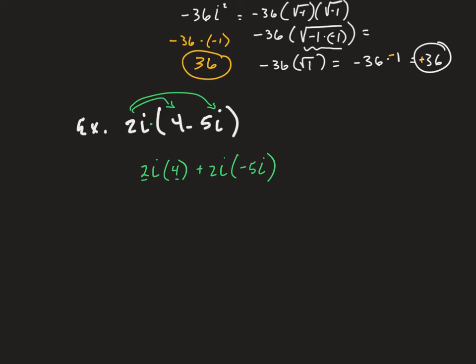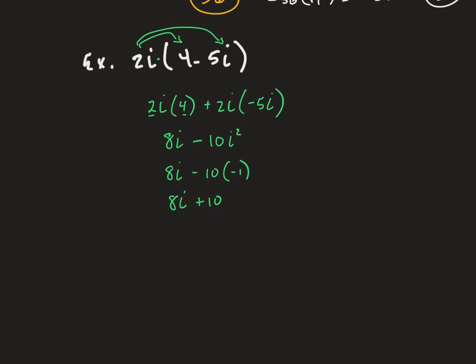So I have 2 times 4 is going to be 8, and 8i. Now I'm looking at a negative because I do have a positive and a negative number. So I'm going to have negative 2 times 5 is going to be negative 10i squared. We did just say that i squared is going to be negative 1, so I have 8i minus 10 times negative 1, and that is going to be 8i plus 10.